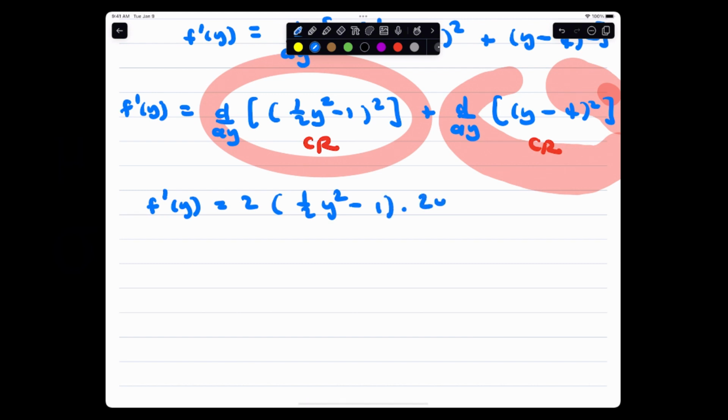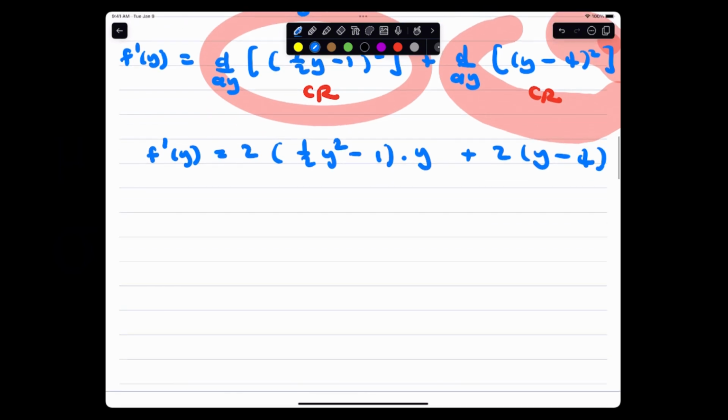Now this is going to be two, sorry. Okay, by chain rule, what do you guys get? Isn't that just going to be y, plus 2y minus 4? Okay, is that true? Double check. 2 times 1/2 y squared minus 1 times 2 times 1/2 y, which is just y.